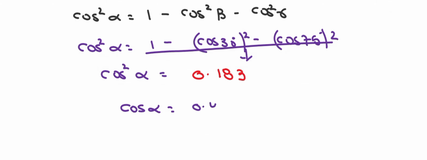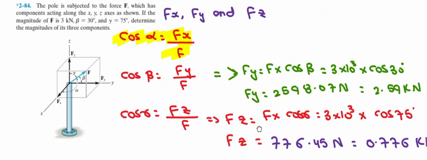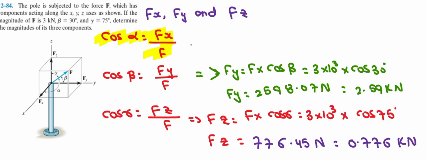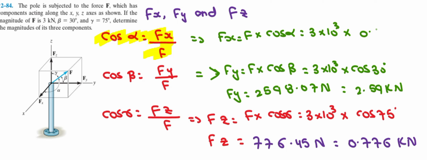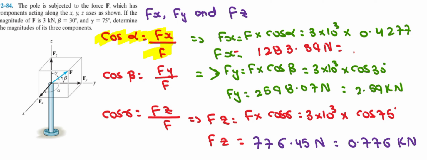So putting the value of cos alpha into this expression, cos alpha is equal to Fx upon F. So it will become Fx is equal to F into cos of alpha. The value of F is nothing but 3 into 10 raised to the power 3, and the value of cos alpha is nothing but 0.4277. So it will become Fx is equal to 1283.39 Newton, or it is equal to 1.283 kilonewton.